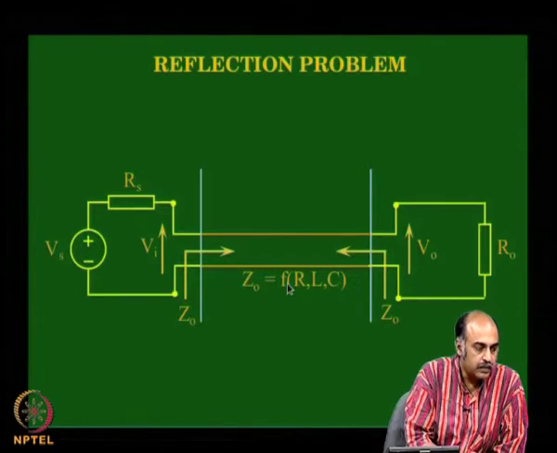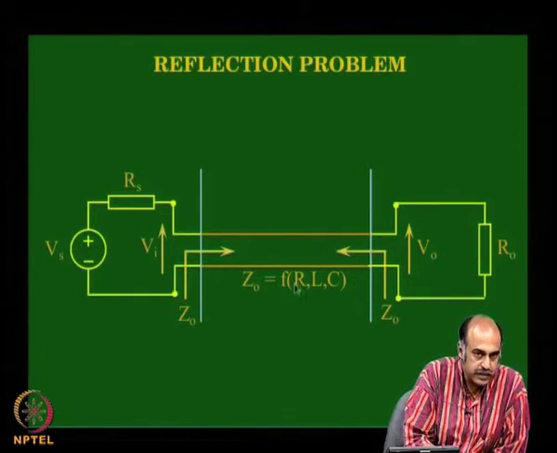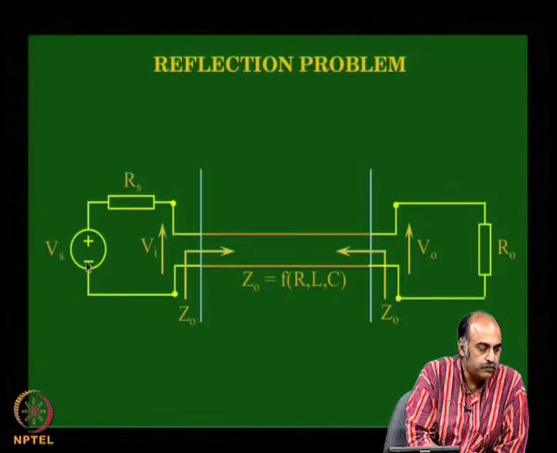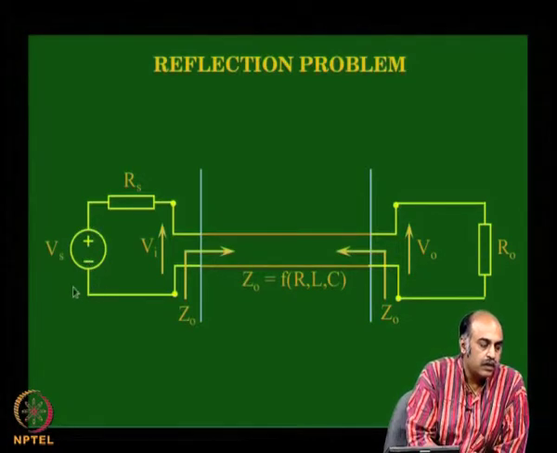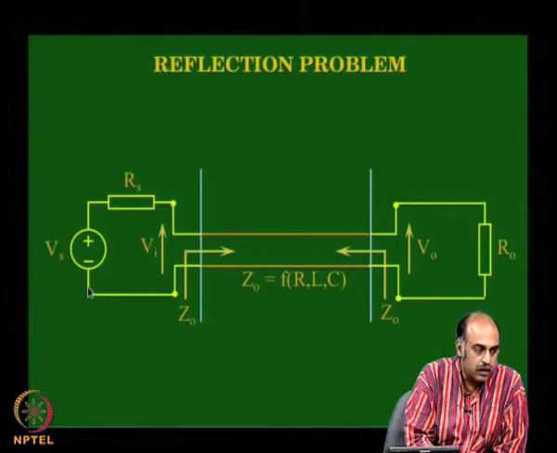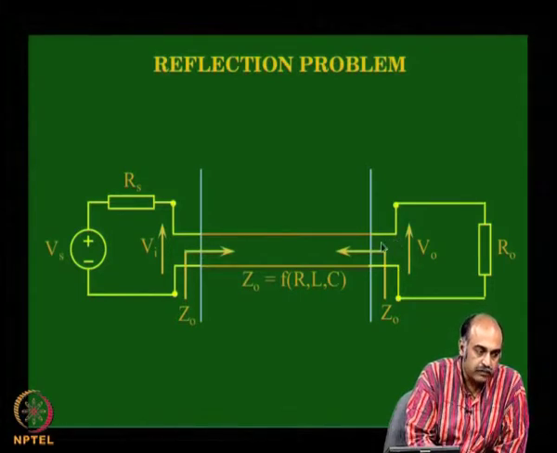Now, this is the transmission line situation, where if we give a high frequency step input, 0 to some voltage here, that voltage will come to this point Vi. At this node, it will go through the transmission line, and part of it will also get reflected back again.